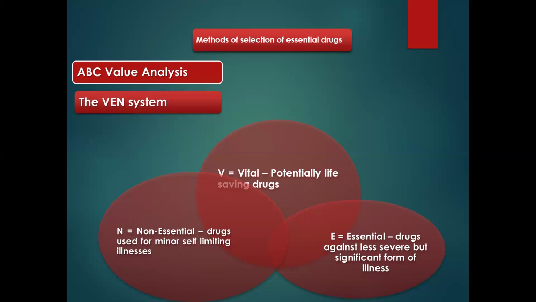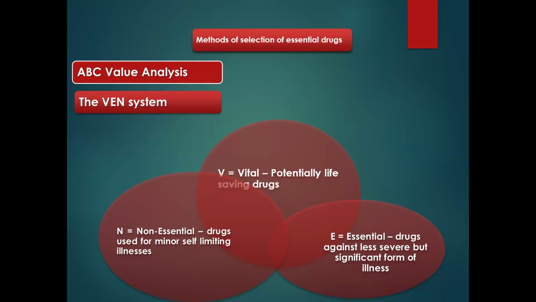Examples include antibiotics, antihypertensive medications used for managing high blood pressure, and analgesics for managing pain, and they must be selected. Also, one thing about these essential drugs is that the cost of the drugs is not high or exorbitant.